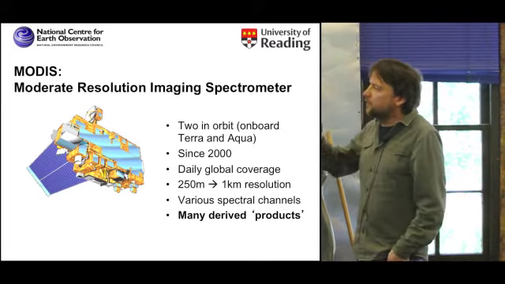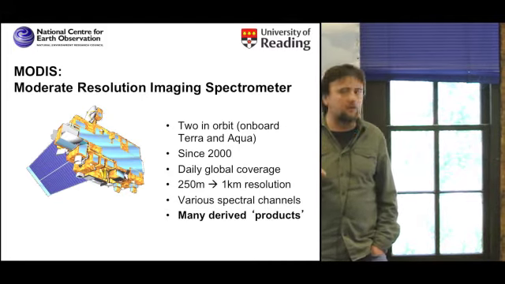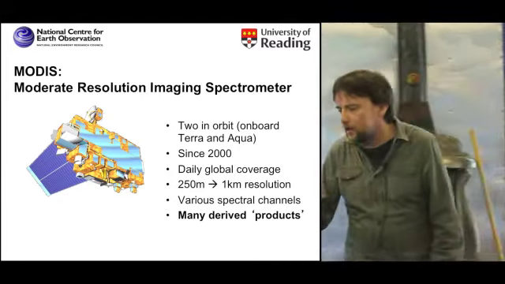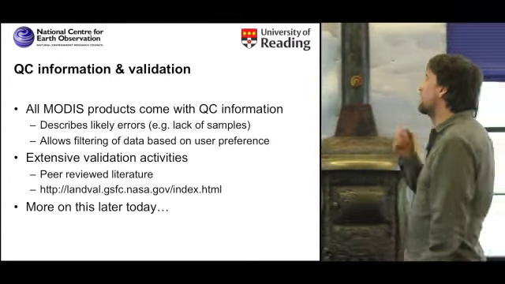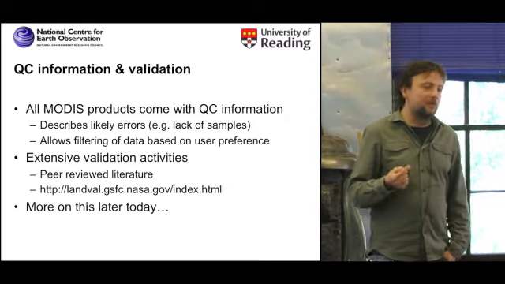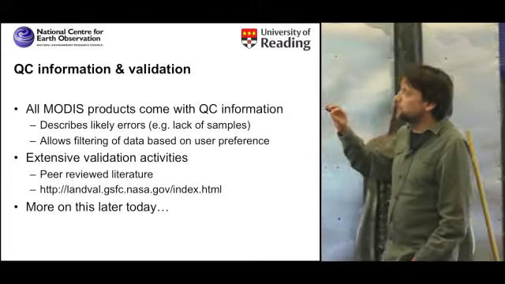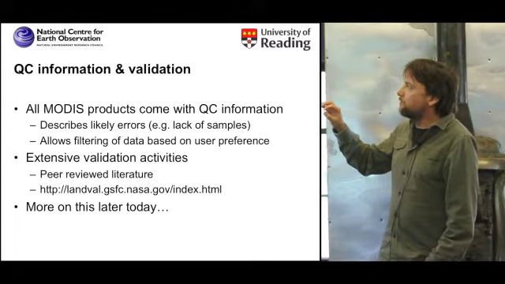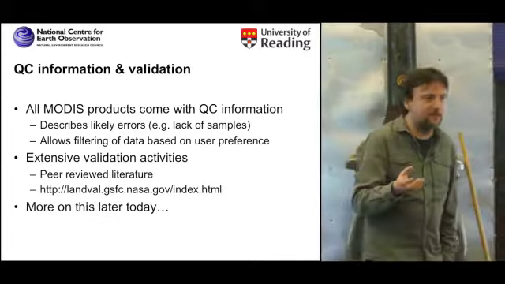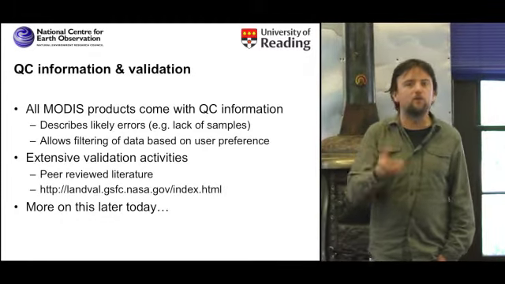It has a whole bunch of spectral channels, some of which are specifically devoted to land surface studies. I'll describe what those are in the next couple of slides. The other thing that the nice people who work on MODIS data have done for us is produce a very comprehensive set of quality control information that comes with the data.